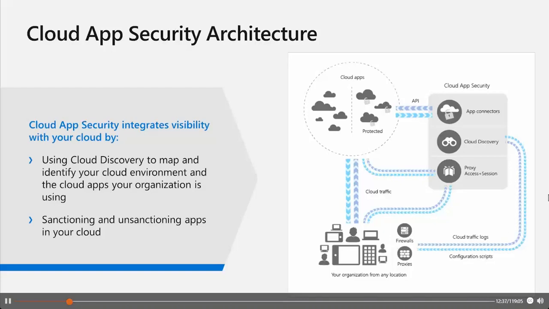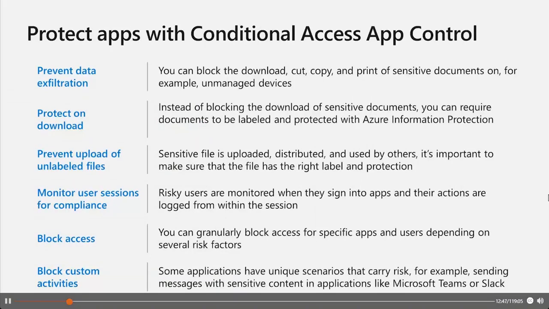There are a lot of capabilities. Microsoft Flow is also an integration, so you can automate some things inside of these scenarios. We're going to start with the Conditional Access App Control feature. Conditional Access App Control enables user app access and sessions to be monitored and controlled in real time based on access and session policies.